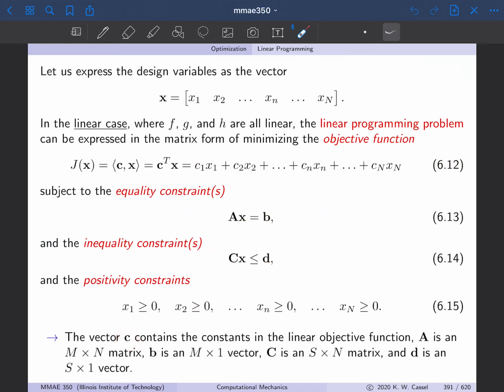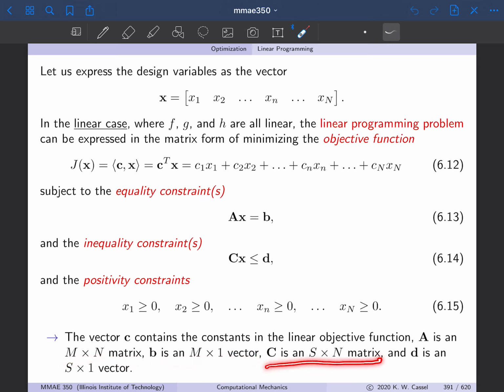So C, the vector C, is again a vector of size n, so it's the same size as X. It has n elements. The matrix A is M by N. B is M by 1.